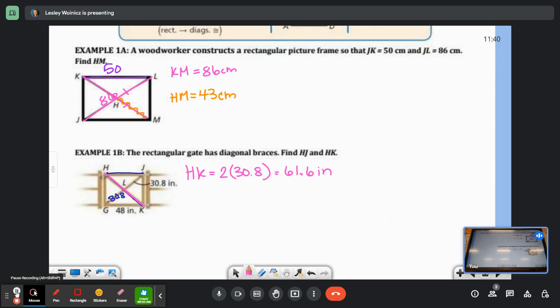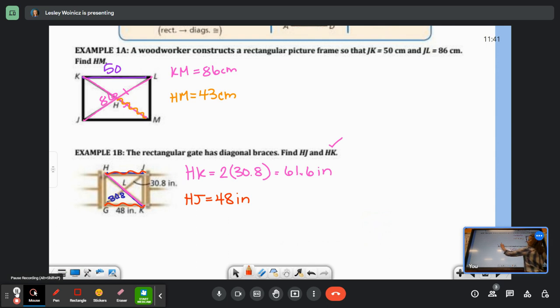Okay, so that's HK. We still have to find HJ. Any ideas? If GK is 48, what does HJ have to be? 48, because opposite sides have to be congruent.